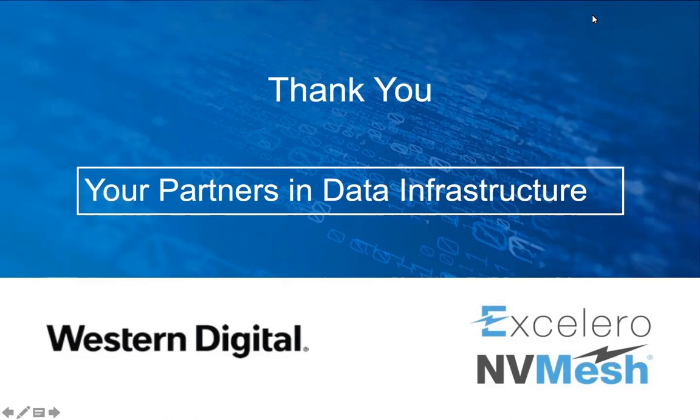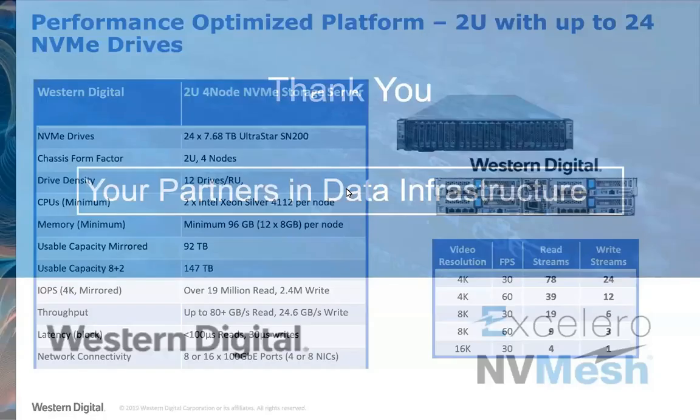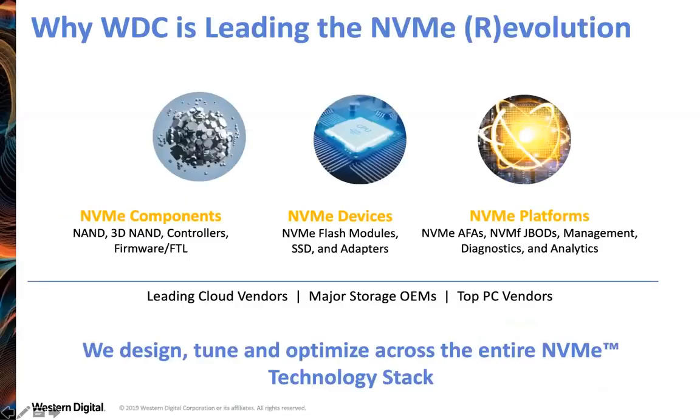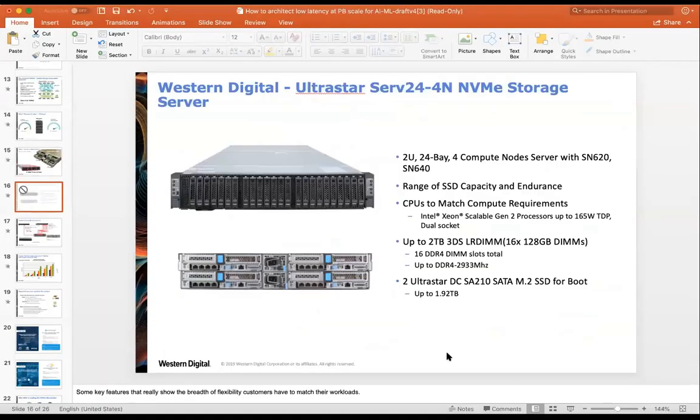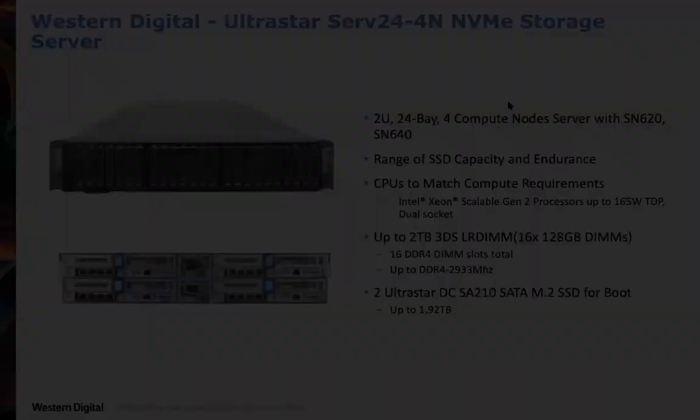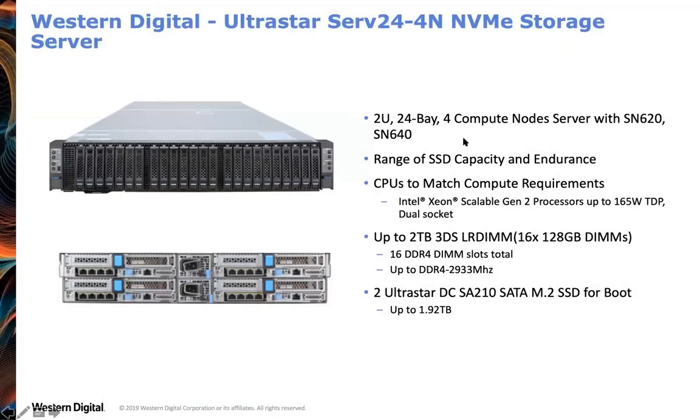Yeah, so there's 24 drives in a server. Actually, I have a slide which I can go quickly through. Give me 1 second here. Basically, if you look inside the box, it's a 2U 24 with 4 compute. As we said, we have 2 drive types right now, SN620 and the SN640. We also have the SN200.